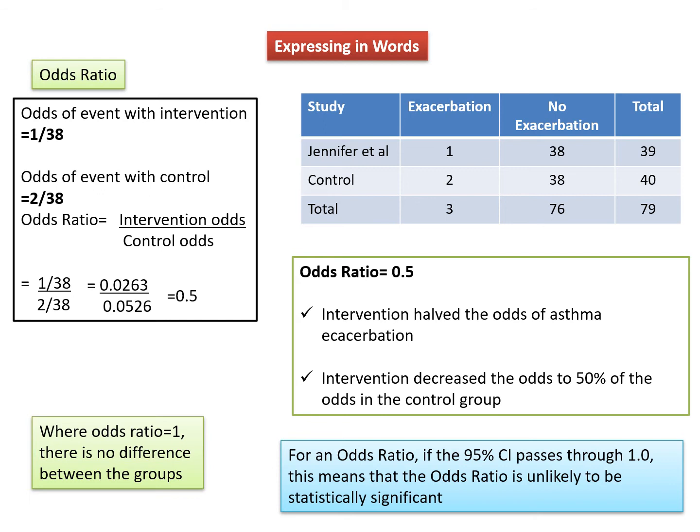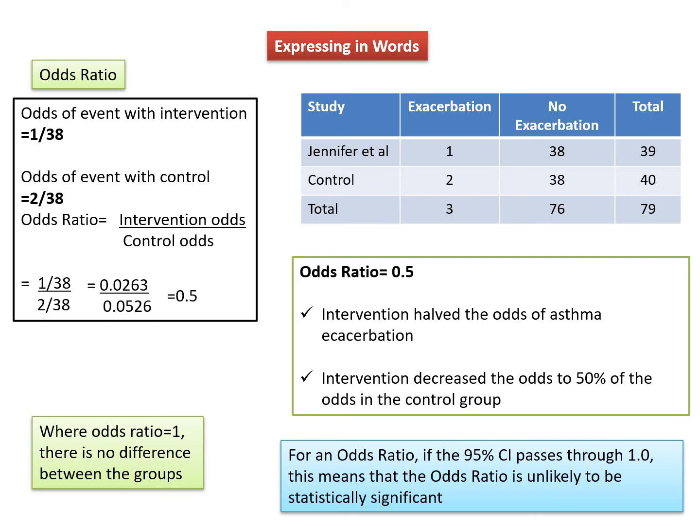So the odds ratio is the intervention odds divided by the control odds, which is 0.5. So how can we express this in words? We can say the intervention halved the odds of asthma exacerbation, or the intervention decreased the odds to 50% of the odds in the control group.